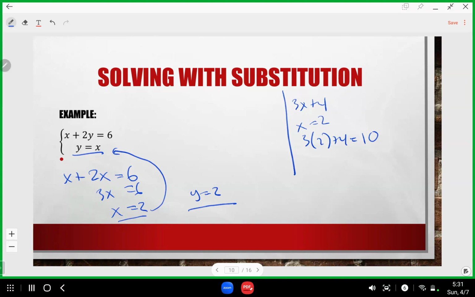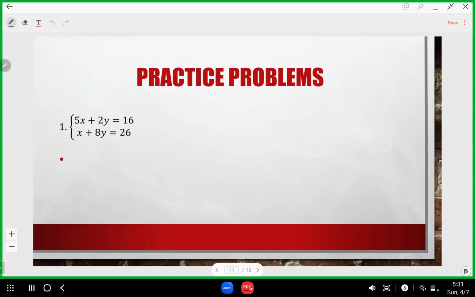So we're going to take a look at another example and how you can manipulate certain equations to isolate one variable to substitute. You have a good amount of practice problems here. I'm going to use the first one as an example.